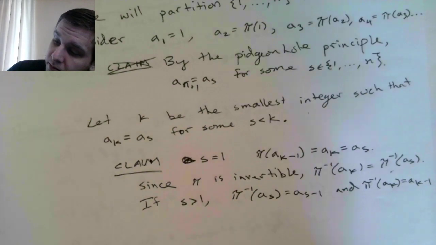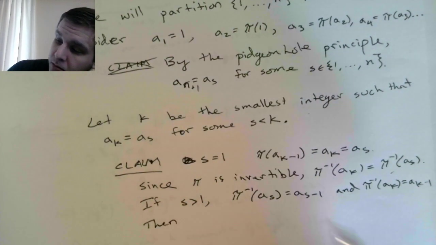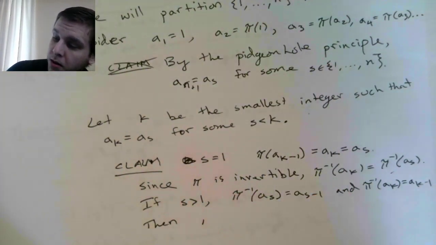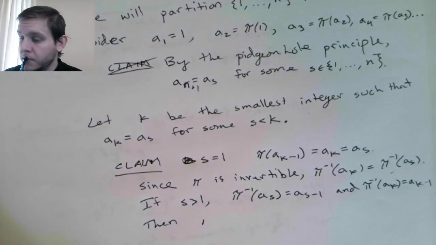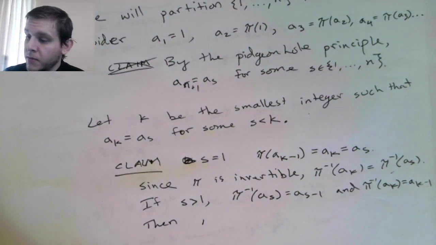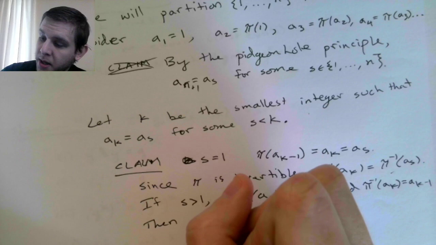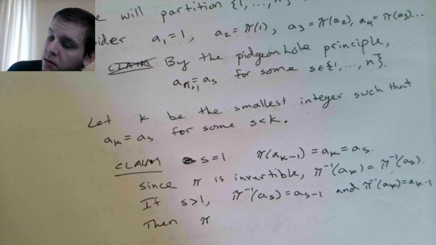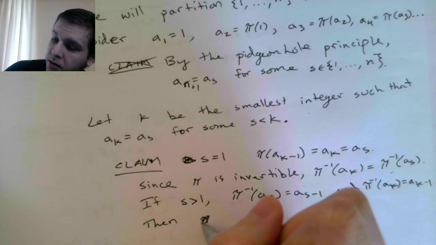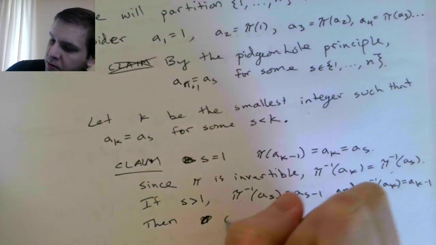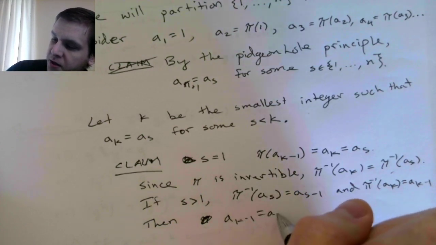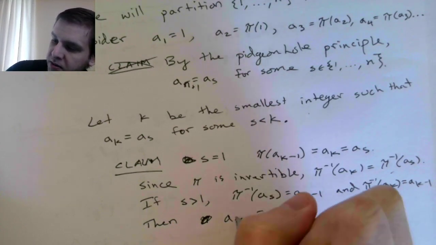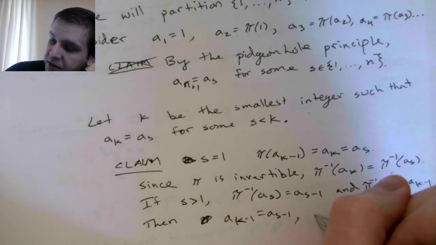Because then pi inverse gives a_{k-1} equals a_{s-1}, so contradicting the minimality of k.